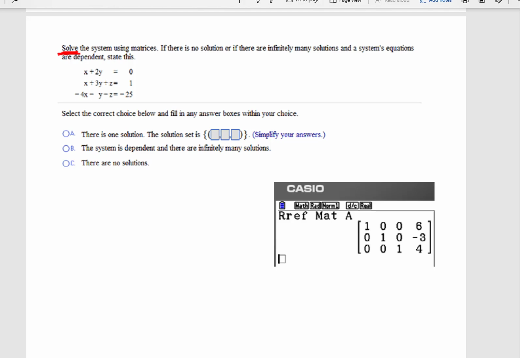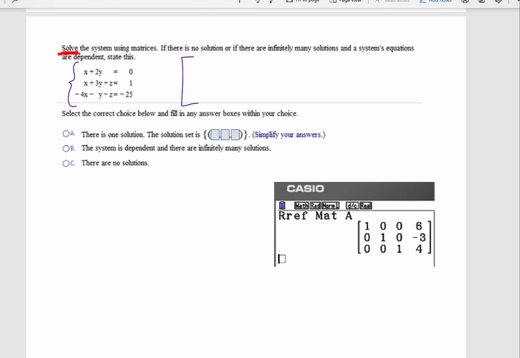Okay, so they want us to solve the system using matrices. It tells us if there is no solution or if there are infinitely many solutions. And a system's equations are dependent, state this. So they give us that option. We'll talk about that here in a second. But for now, let's look at how we would notate this in a matrix.